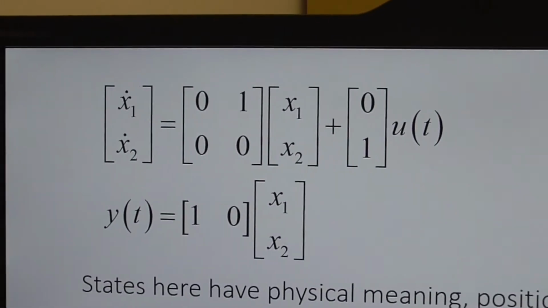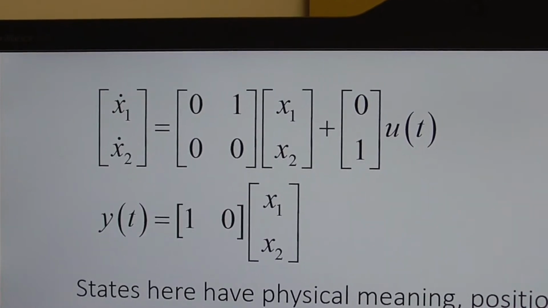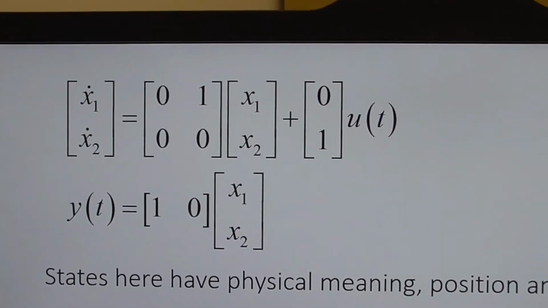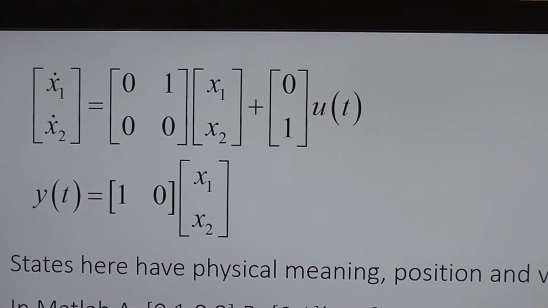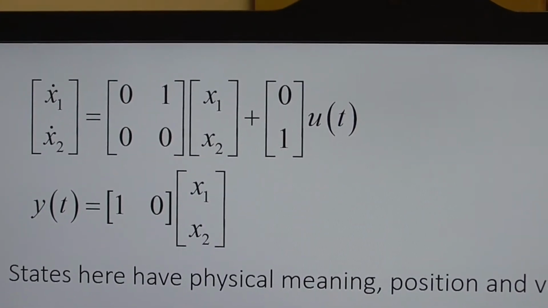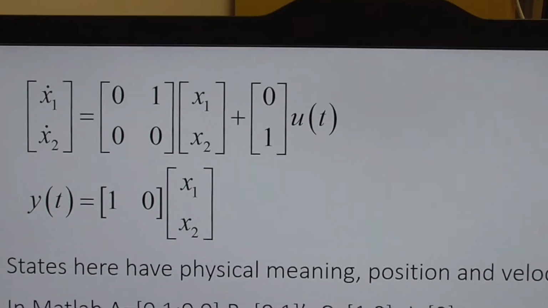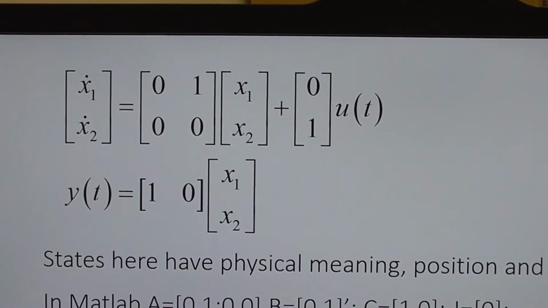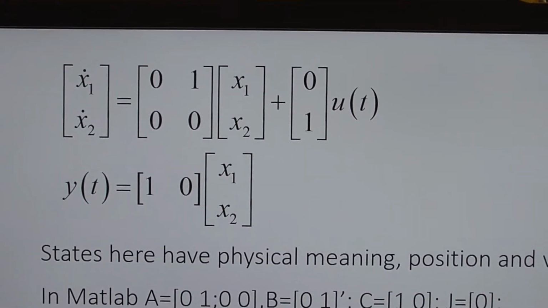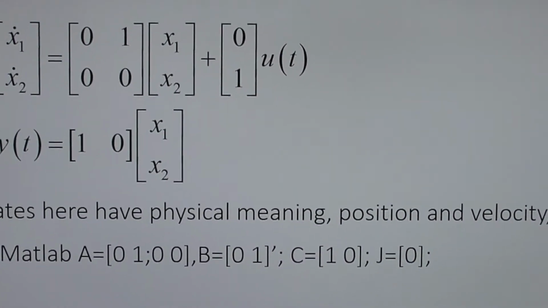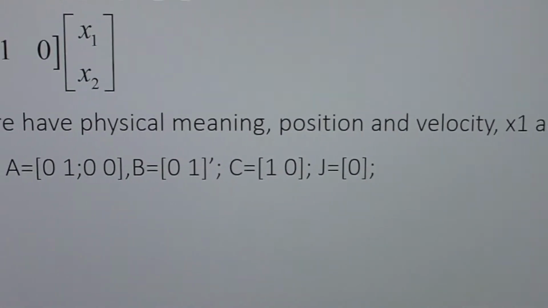This simple form, the A matrix is very simple: 0, 1, 0, 0. The B is 0, 1. Or it becomes the D matrix vector or matrix if u is noise, and y equals Cx, where C is 1, 0.